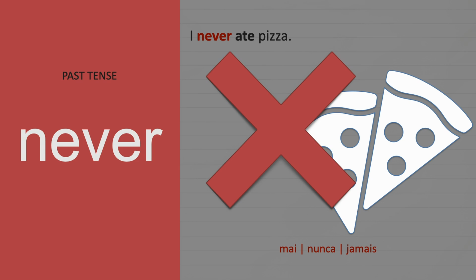So this one is a little trickier because we are conjugating the verb to eat. So you say, I never ate pizza. How would you say it in the future tense?